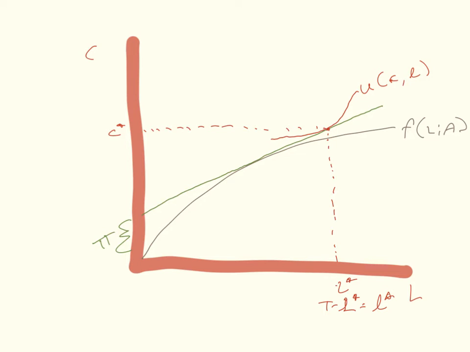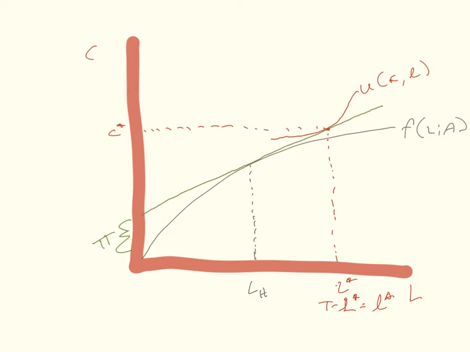So notice here, how much labor does the household want to use on its farm or its home business? Well, we'll call this LH. That's the amount it wants to hire on its farm. That's where marginal revenue equals marginal cost. So how much does the household want to work?